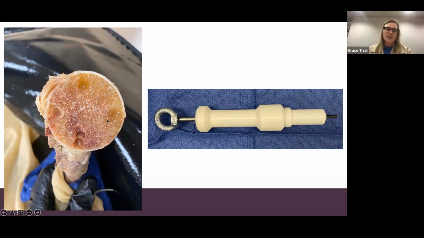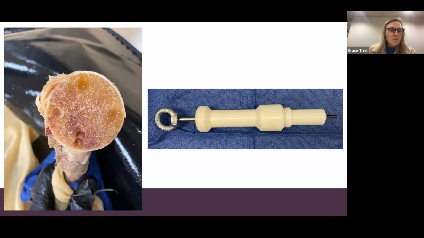Each indentation was a different number depending on the specimen. That was just because we wanted to make sure we had the most visible indentations on the cortical bone as possible so we could get the best measurement possible. I don't know if you can clearly see these, but we tried to make indentations working our way out until we could no longer make an indentation. And this is in the cancellous bone.